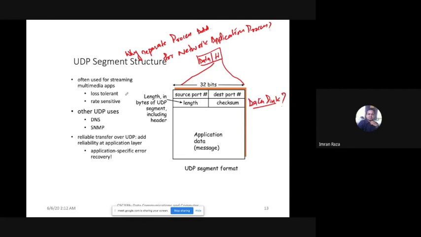So it entirely depends upon the designer or the programmer of the application to make a decision whether UDP is required or TCP. Other protocols that make use of UDP are DNS, SNMP, RAP.